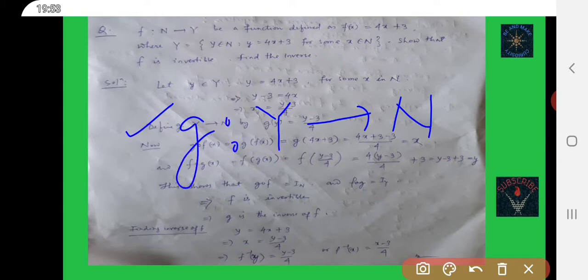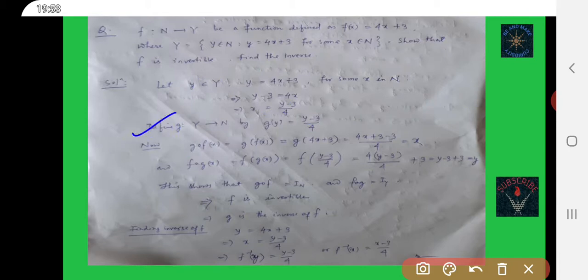Okay, f is mapping from N to Y, and you define a function which is mapping from Y to N. Okay, so define g mapping from Y to N by this one, that is g of y equal to y minus 3 whole divided by 4.